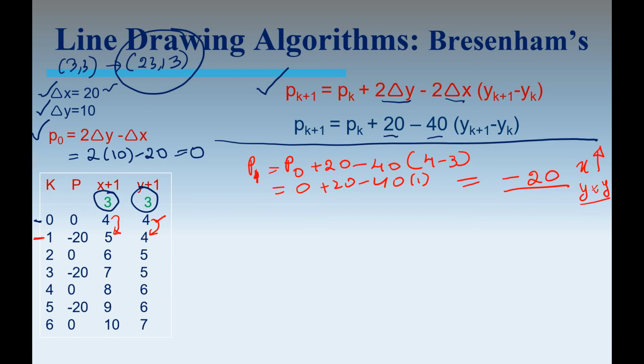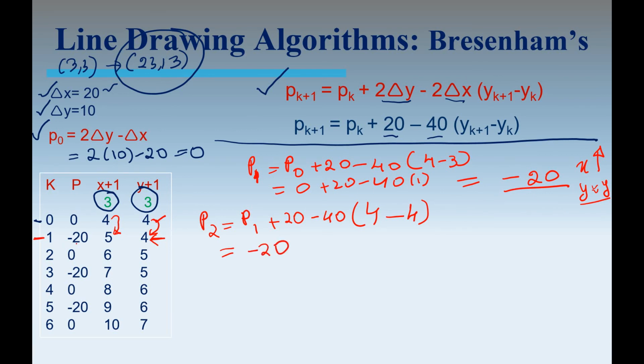All right, now we calculate the value for p2. For p2 we need p1 plus 20 minus 40, and here what is the value of yk plus 1 minus yk? Your yk plus 1 is 4, and your yk is 4. So what we get here is p1 is minus 20.